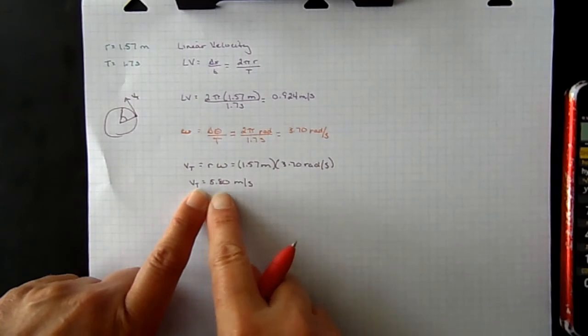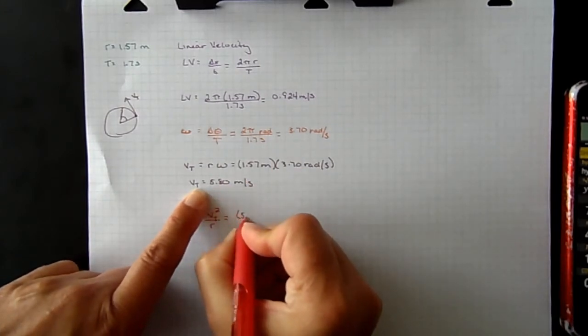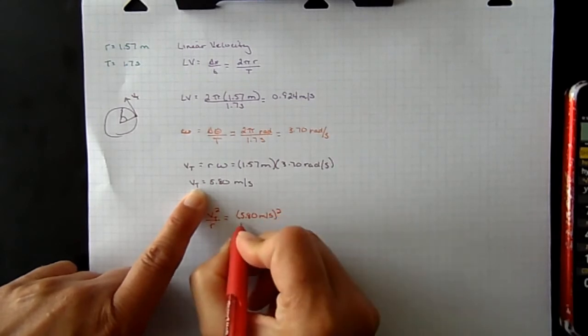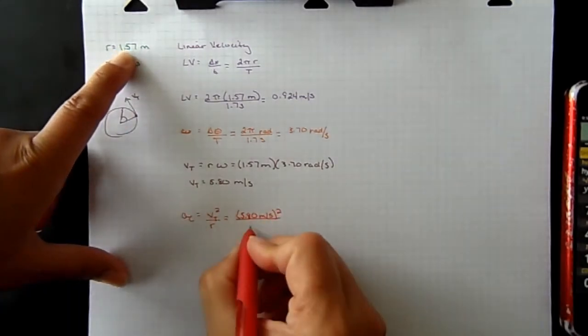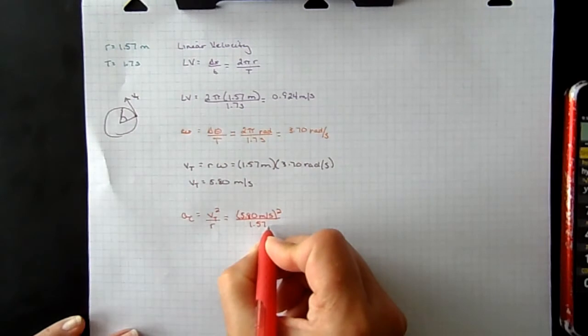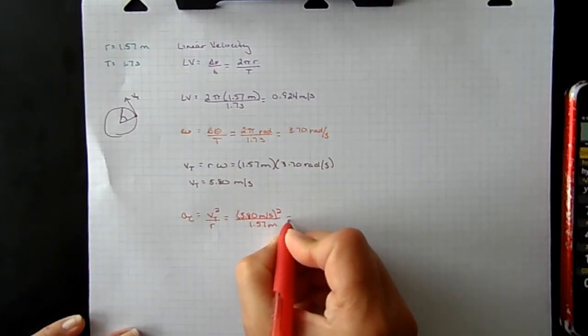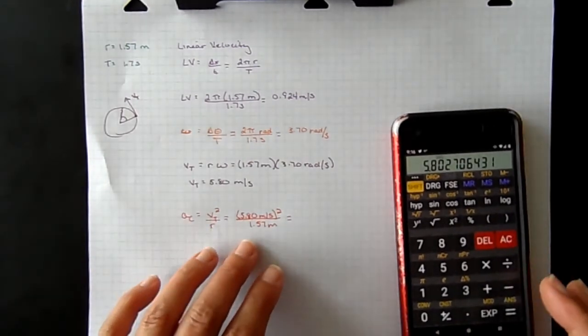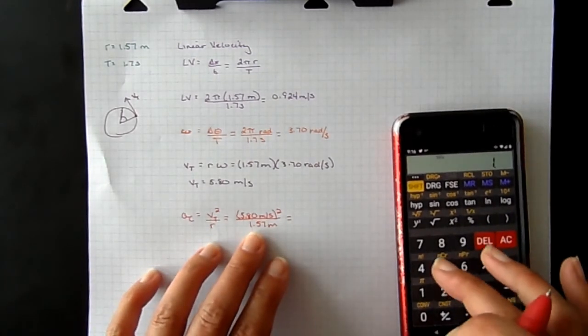So we have our tangential velocity squared divided by the radius, which is 1.57 meters. So 5.8 divided by 1.57.